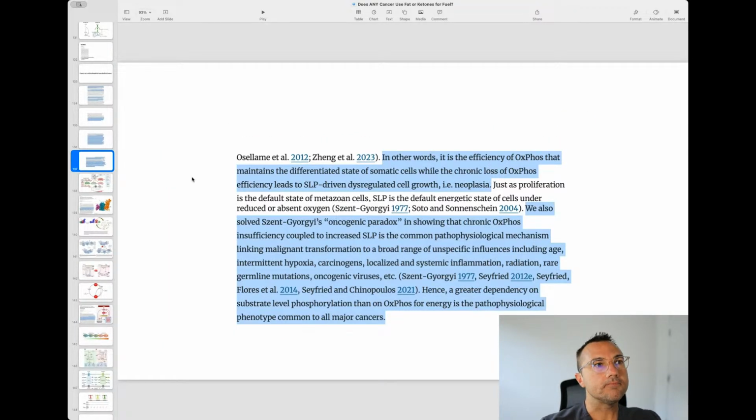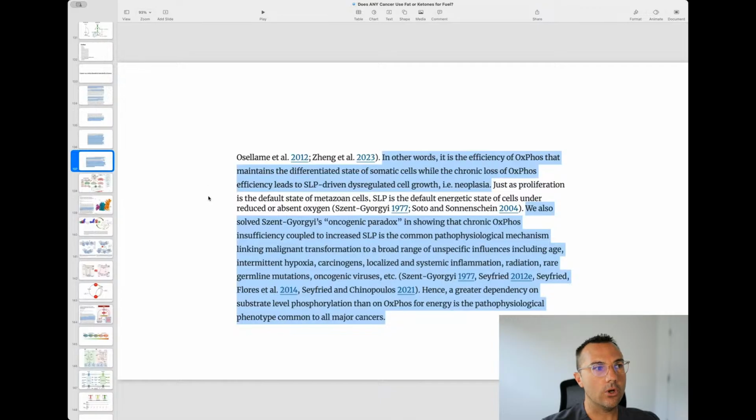It further says, in other words, it is the efficiency of OXPHOS that maintains the differentiated state of somatic cells, while the chronic loss of OXPHOS efficiency leads to substrate level phosphorylation driven dysregulated cell growth, aka neoplasia, aka cancer.